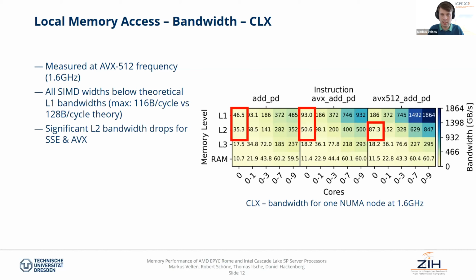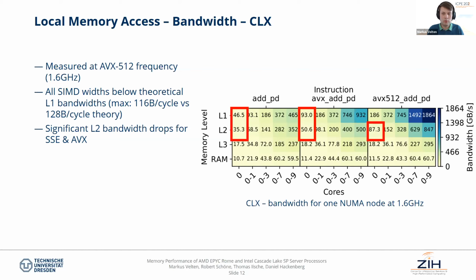If you take a look at the figures for AVX-512, we measured 87.3 gigabytes a second of cache bandwidth for the L2 cache. And looking at, for instance, the AVX instructions, we would have expected pretty much the same number there, because the L1 bandwidth was higher than the 87.3. So we had expected to see pretty much the same number.